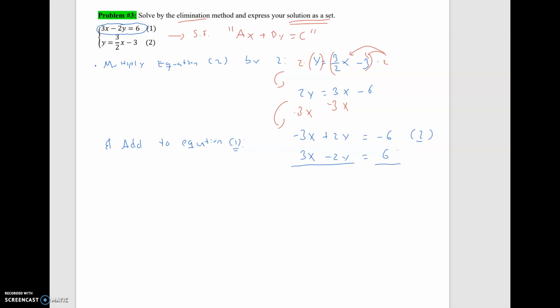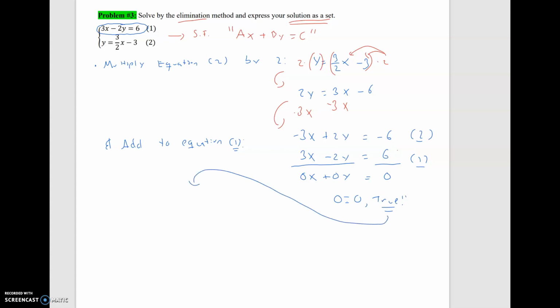Something interesting happens here. When you add both of these equations, we end up with 0x plus 0y is equal to 0, or 0 is equal to 0, which is actually a true statement.